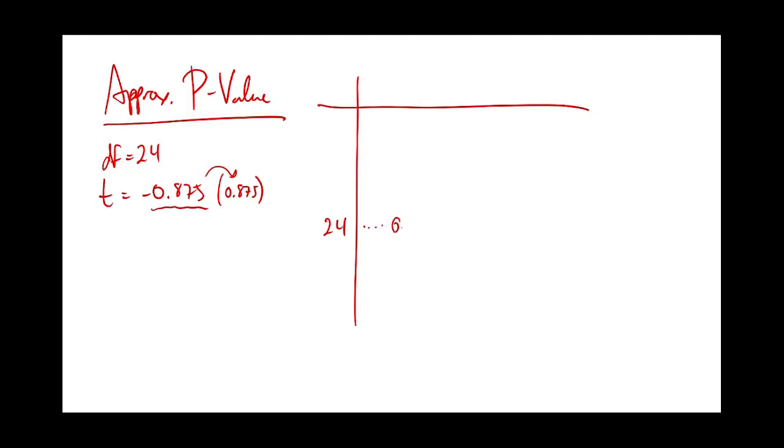You hit 0.857, and then it jumps up to 1.059. So our test statistic, 0.875, is between these values. Then scroll back up the table and see what columns they came from. This was the 0.2, this was the 0.15.